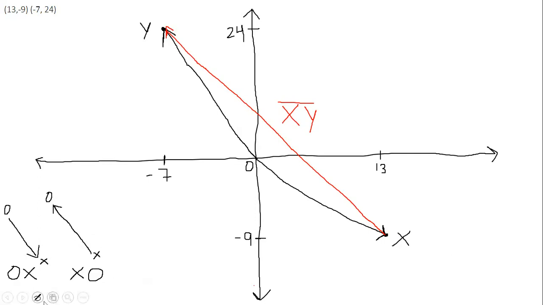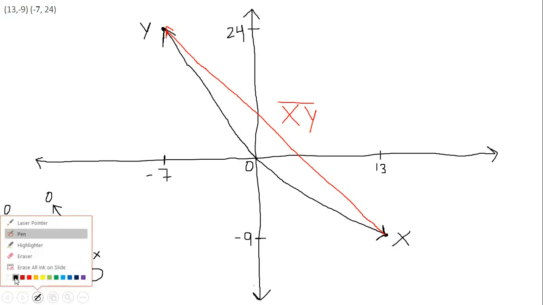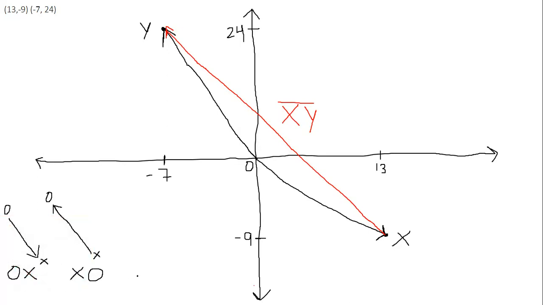Now, what is negative OX? How would you draw the vector negative OX? Well, say we have the vector A heading in this direction.